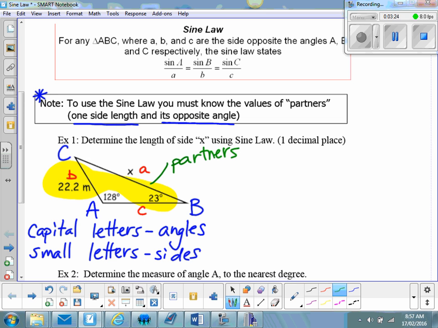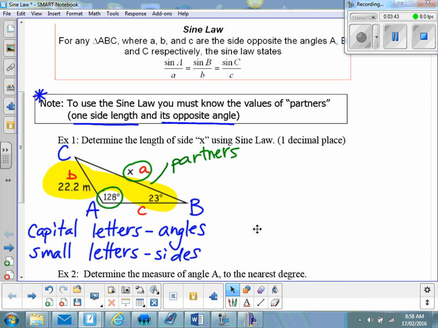The other information we've got is angle A. So because I'm trying to find the x, I'm going to work with the A angle and the B angle.